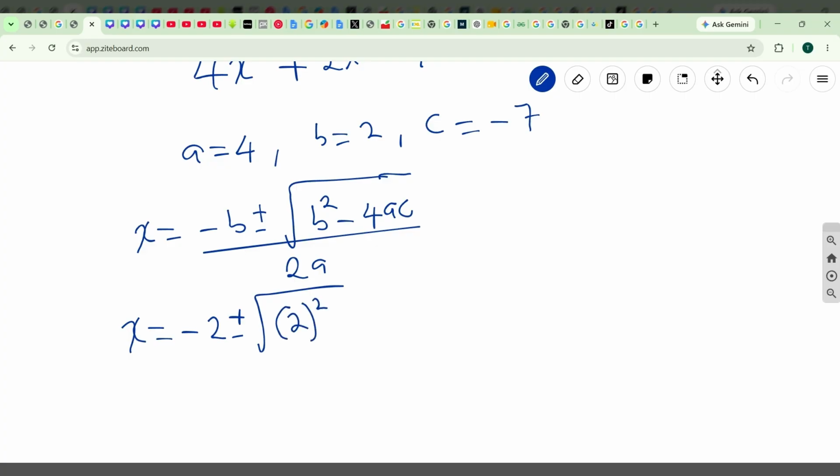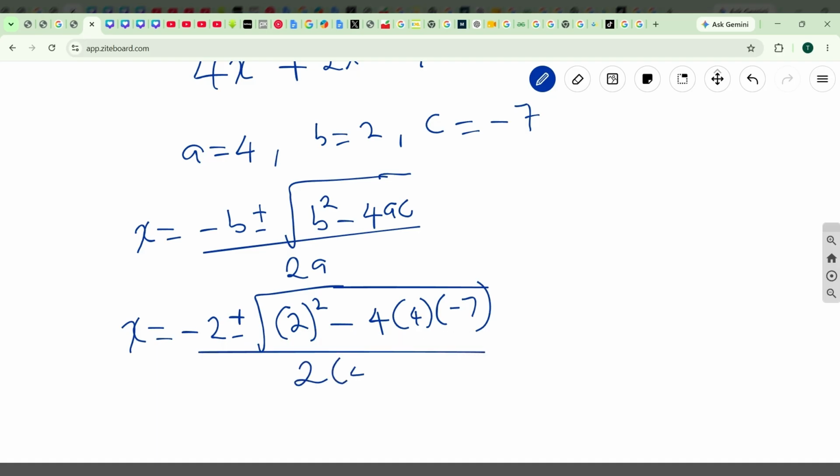Please take note of how I'm doing the substitution and the steps, how I simplify this step by step so that your work will be clean, neat, and you get your answers correctly. Minus 4, and our a is what? 4. Our c is what? Negative 7, divided by 2 multiplied by 4.